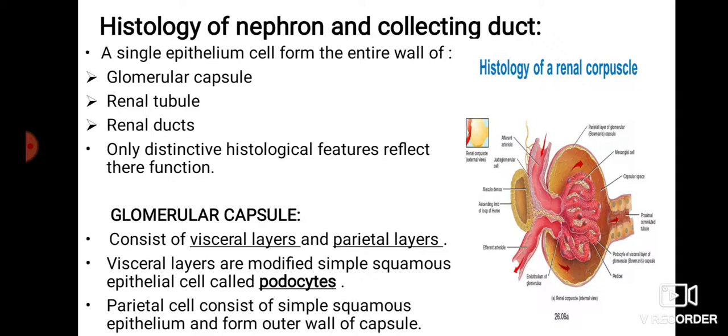I'll explain this slide. That's the layer of capillary, the capillary that is between the afferent and efferent arteriole. Their epithelium layer surrounds the foot-like projections, that is the pedicels, covers the pedicels and makes the inner wall of the capsule.